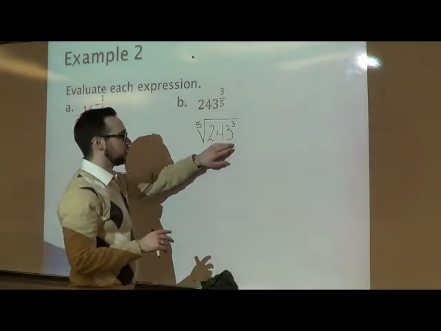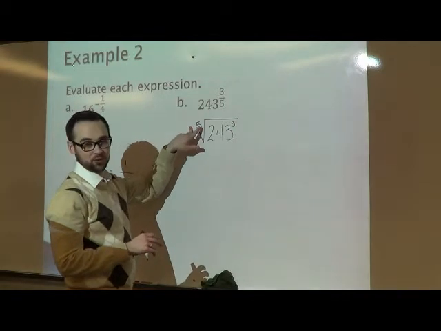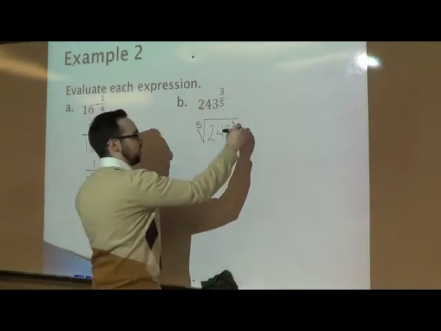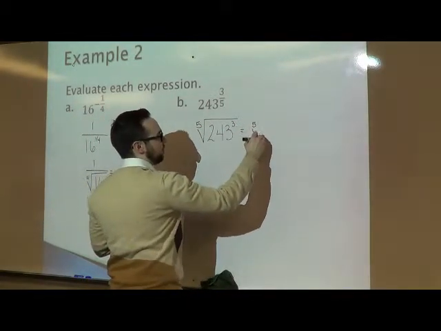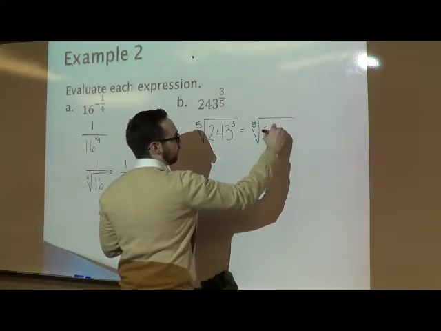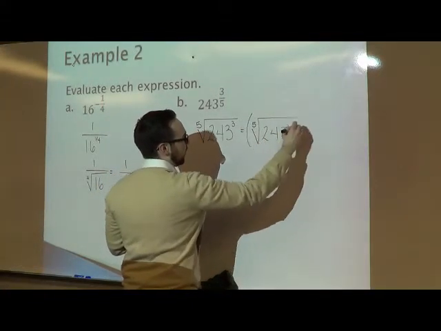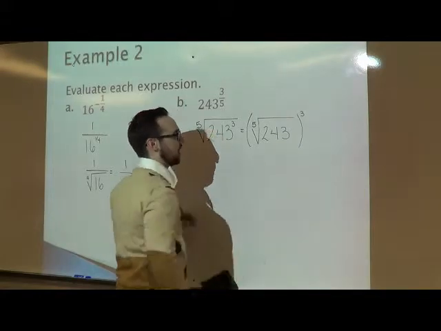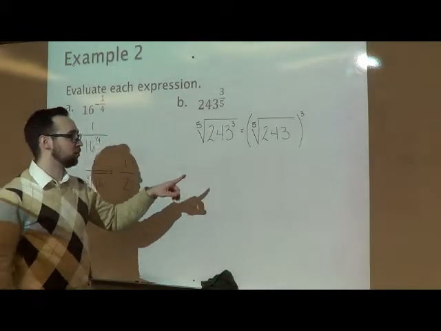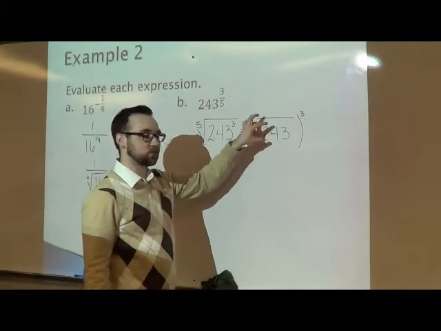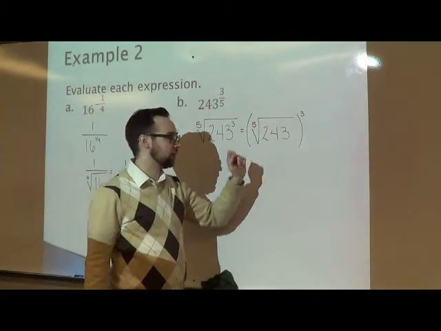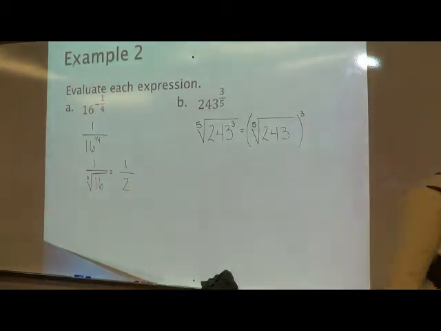We could say take 243, cube it, and then take the 5th root, or the same thing would be if I take the 5th root of 243 and then whatever that answer is, I cube it. That's the easier way to do it because you're taking the 5th root and making this small, and then you can cube it. So we want to figure out what the 5th root of 243 is going to be.